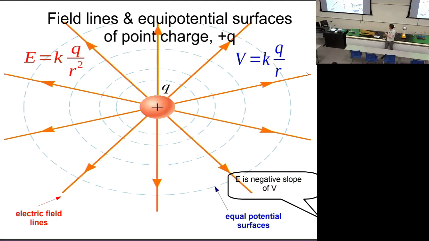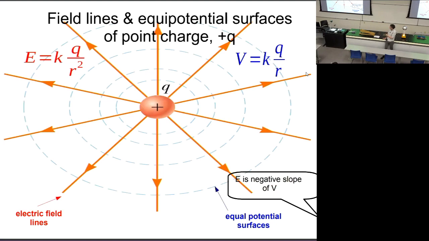I've drawn the electrical field as field lines surrounding it. Remember, they're packed together closely near the charge and loosely far from the charge. They indicate the strength of the field, strong if they're closely packed, weak if they're loosely packed, and they indicate the direction of the field through their arrows.